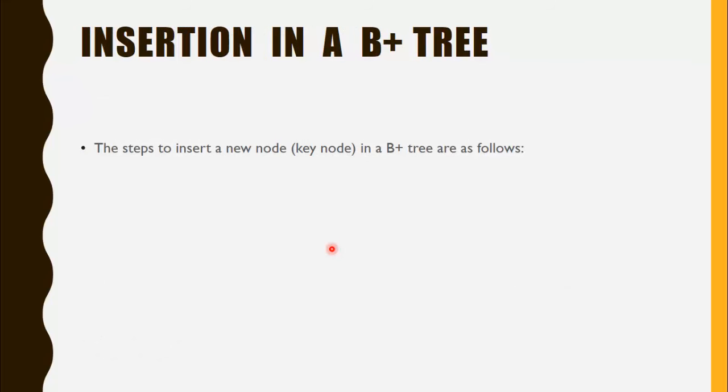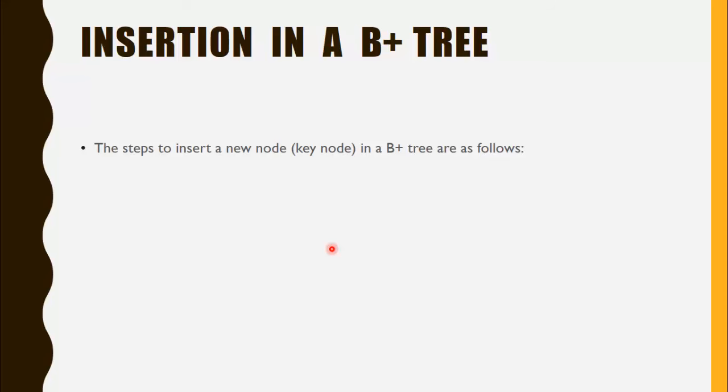Now we're going to do insertion in a B plus tree. In a B plus tree, every node corresponds to a disk block and is kept between half full and completely full. Inserting into a node which is not full is quite efficient.